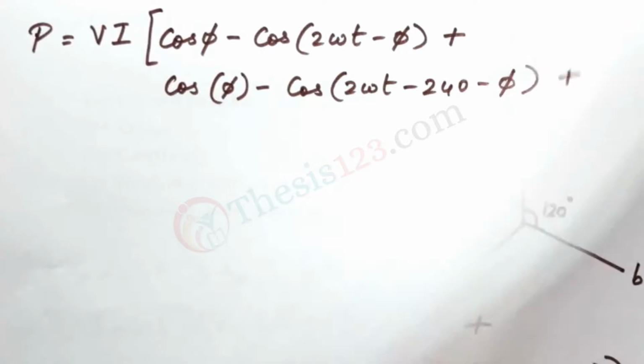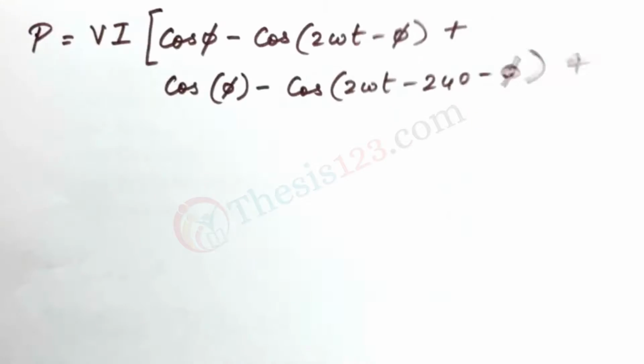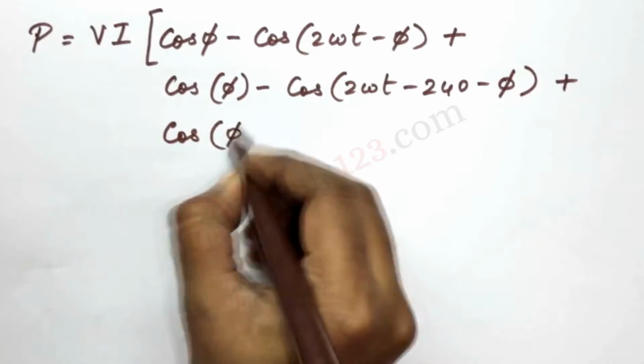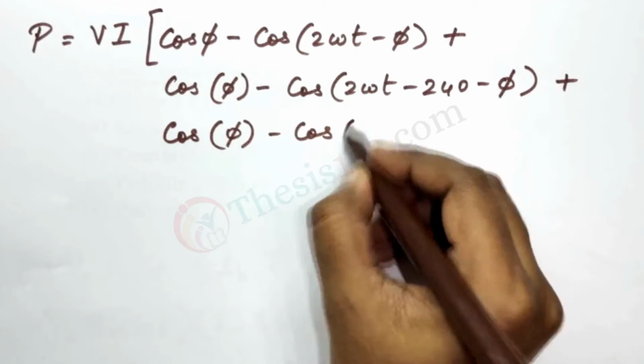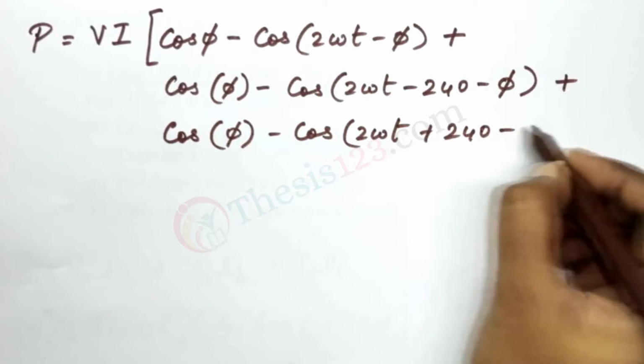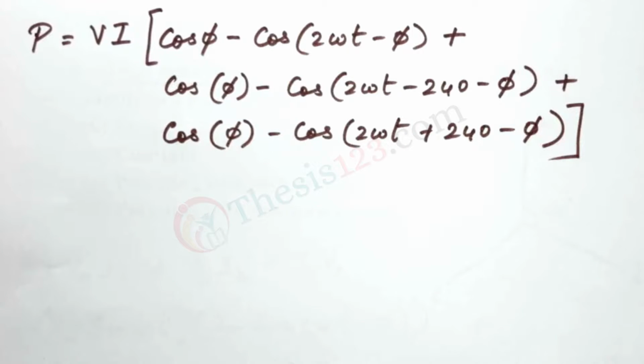And finally, for the third part, sine omega t plus 120 and sine of omega t plus 120 minus phi would be written as cos phi minus cos of 2 omega t plus 240 minus phi. Work it out using the trigonometric identity as I said a little earlier, and you should be able to get this.